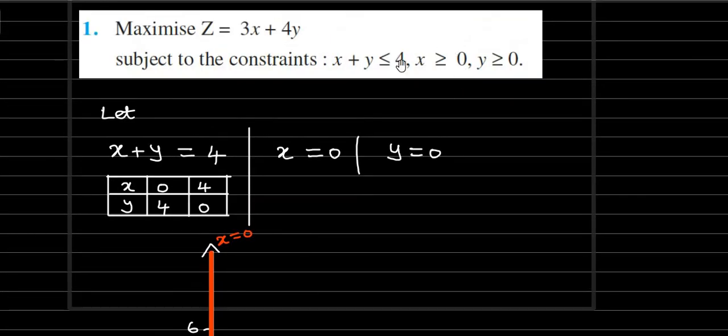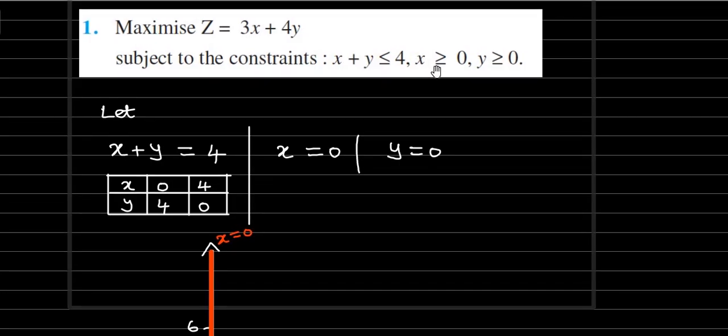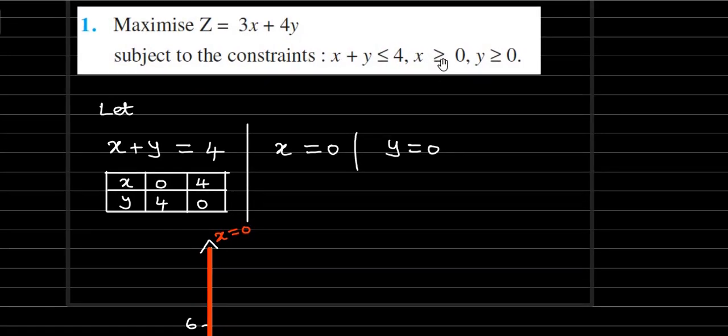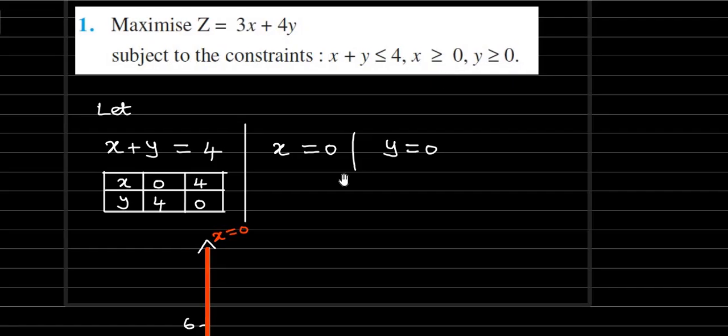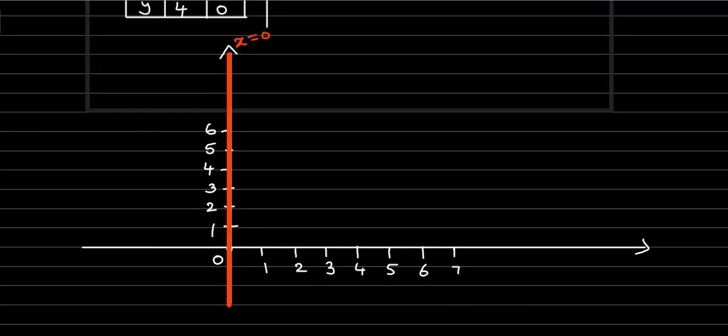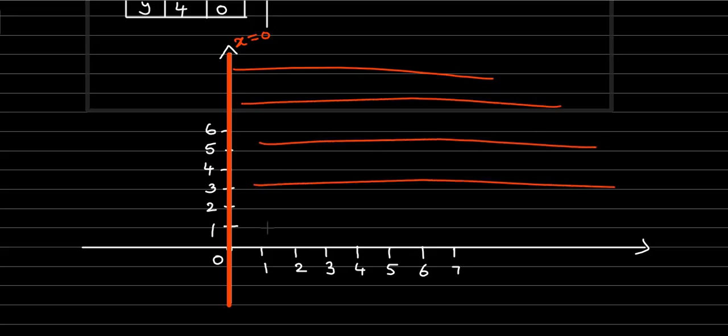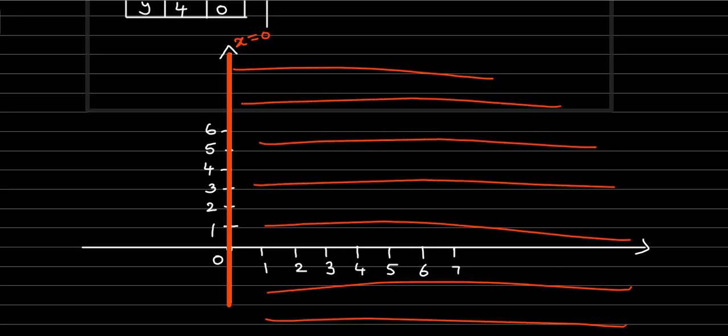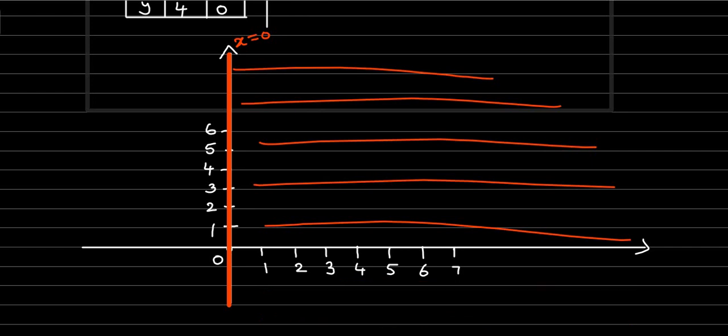Now, for the given inequality, what is the suitable solution space? X greater than or equal to 0 is given, so we will have it only on the right side. Just remember, x greater than or equal to 0 covers the first quadrant and fourth quadrant as the solution.